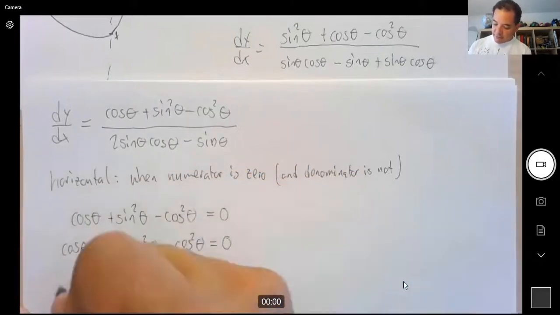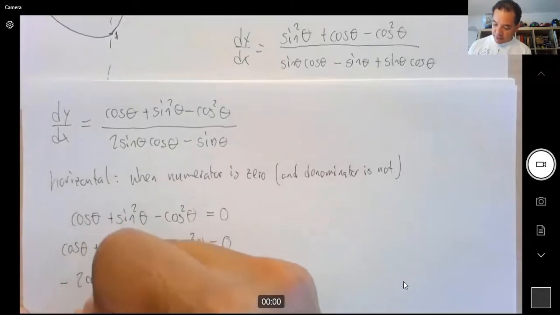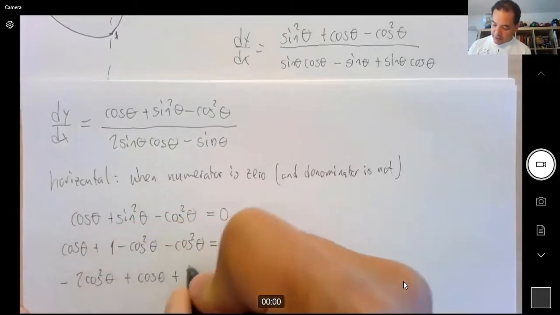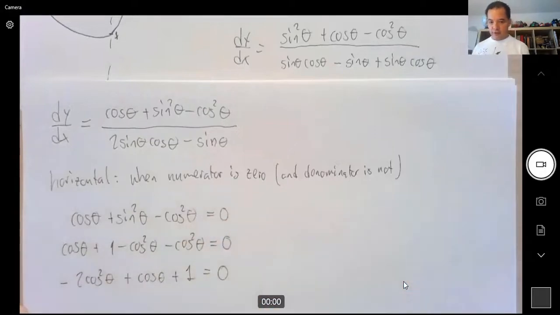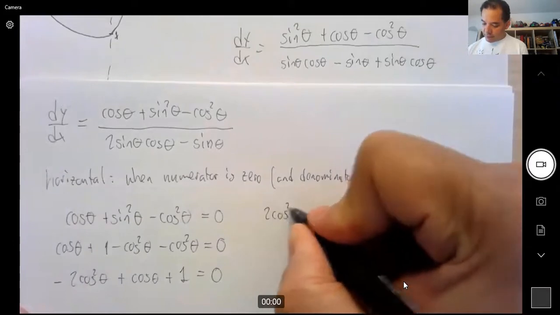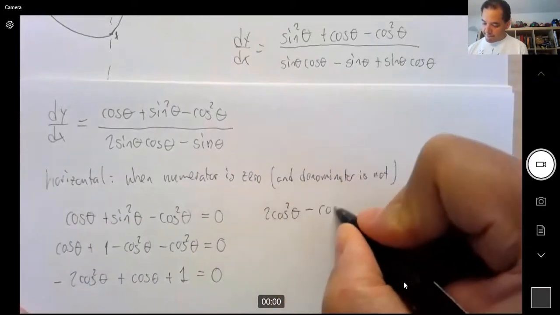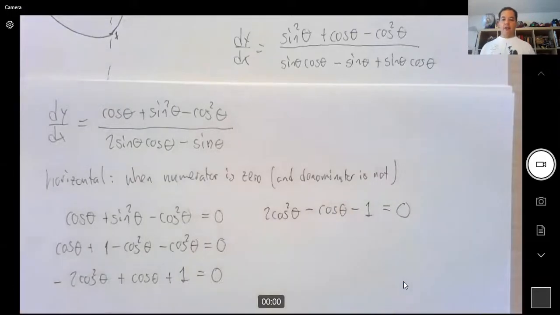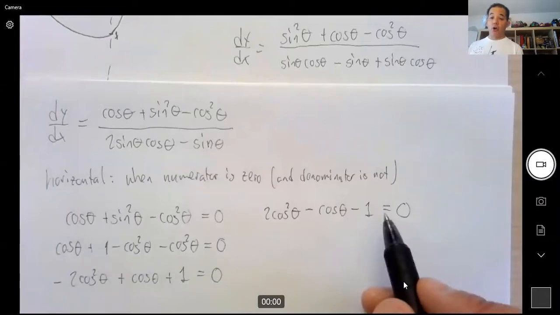And now this becomes -2 cosine squared theta plus cosine theta plus 1 equals 0. Let me continue over here. I'm going to put the first one positive because it looks better. Next, what we want to do here is solve for cosine theta.